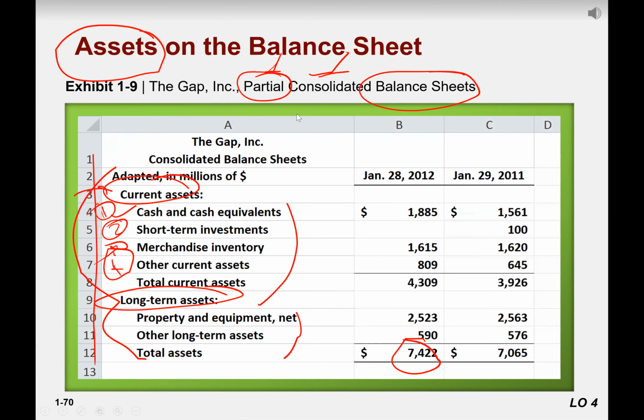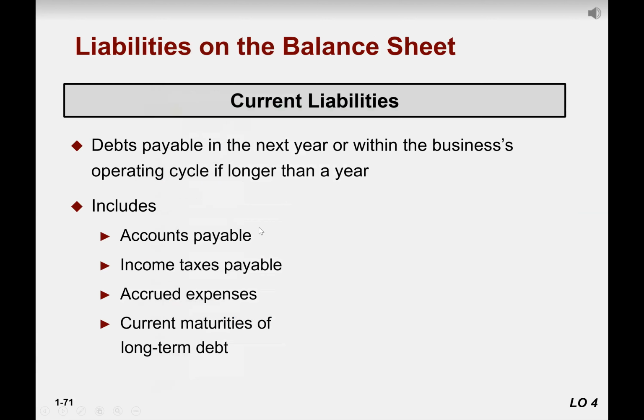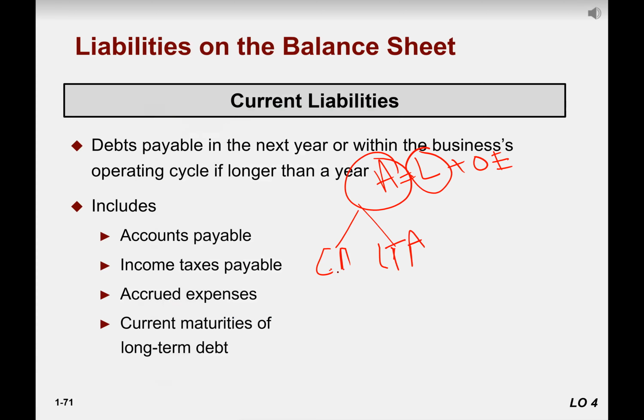Let's just talk about the other side of the balance sheet, which is liabilities. So we know that the balance sheet equation is assets is equal to liabilities plus owner's equity. We just completed asset side, and now the liability side. So as we just discussed the categories of assets, current assets or long-term assets, LTA or FA, fixed assets.